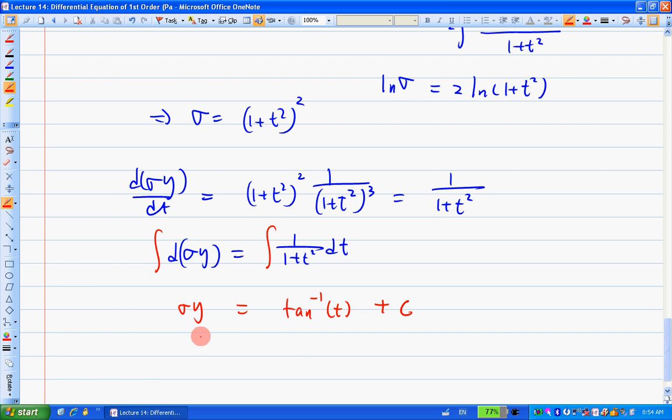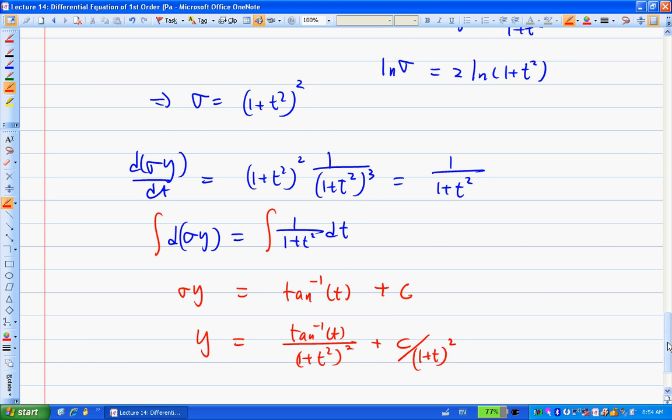All right, so then solve for y, dividing σ into both sides. We end up with y equals (tan⁻¹ t + c) over (1 + t²). There we go. That's the solution for y.